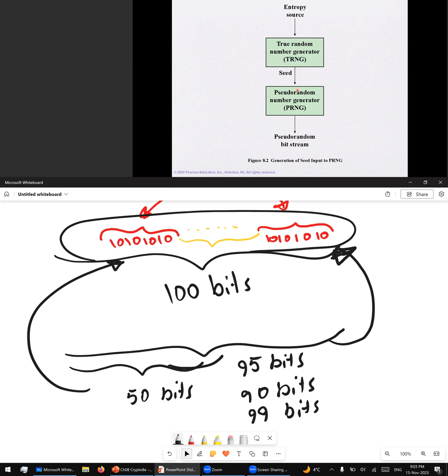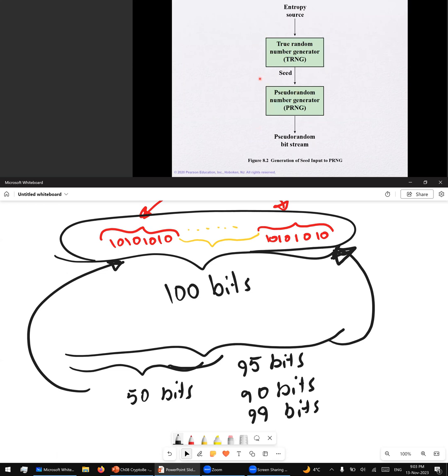And that seed is then put into a pseudo-random number generator, and then we get our pseudo-random bit stream. So this entire thing altogether is a pseudo-random number generator.